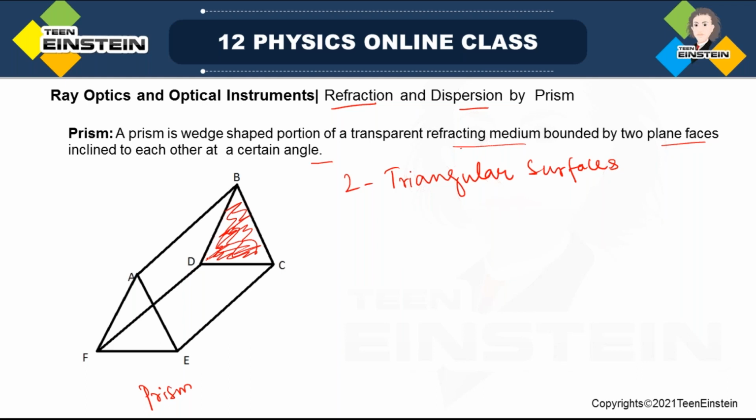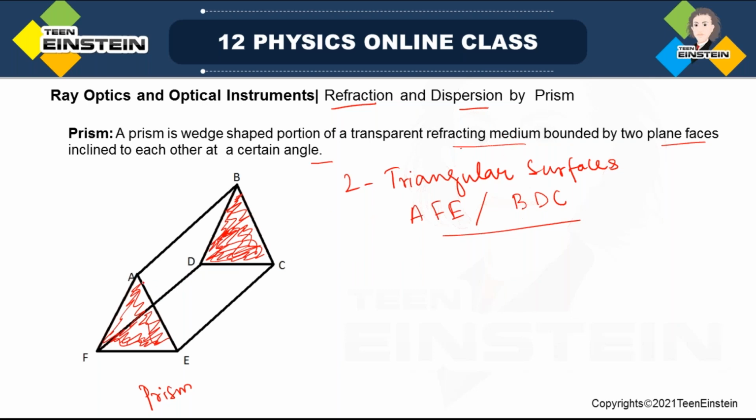These are somewhat rubbed, so they are not transparent, and they are not the refracting surfaces. The triangular surfaces are A, F, E, and the other one is B, D, and C. We don't do anything with these two surfaces related to refraction or dispersion.